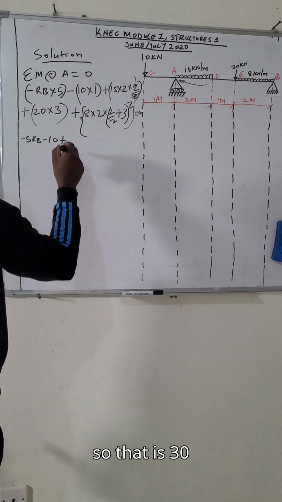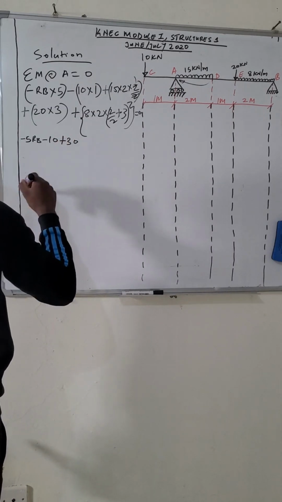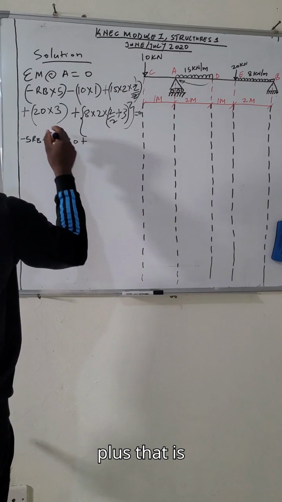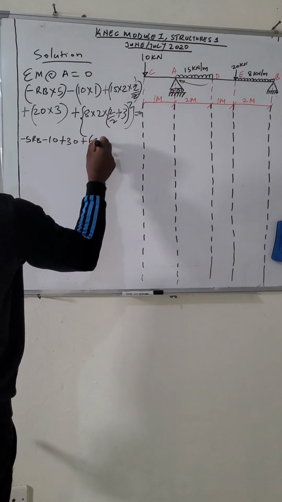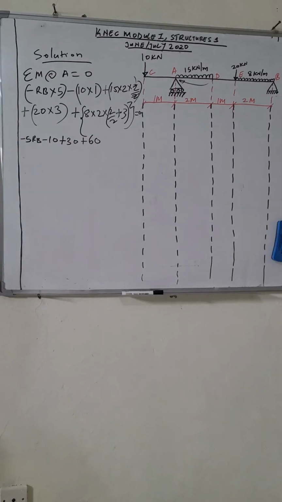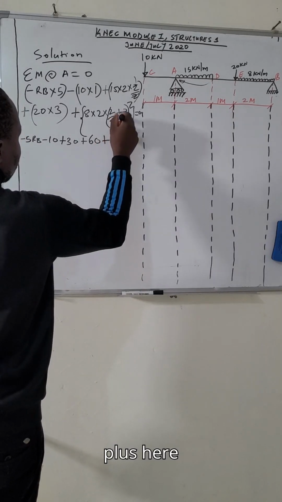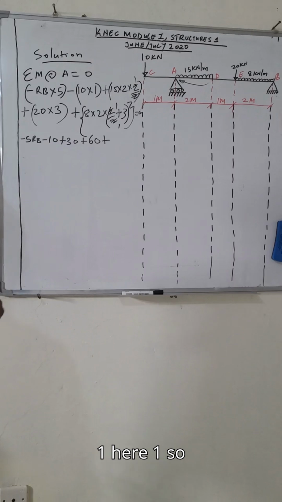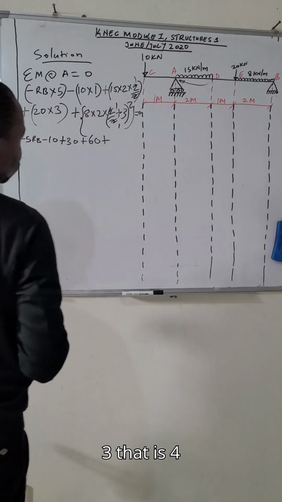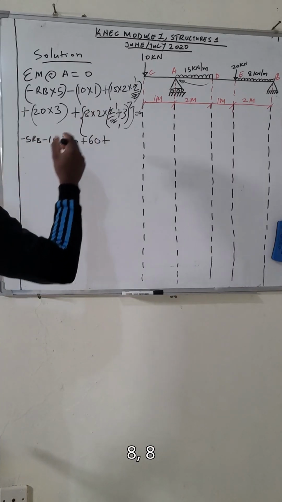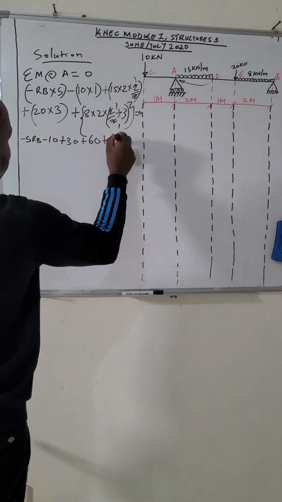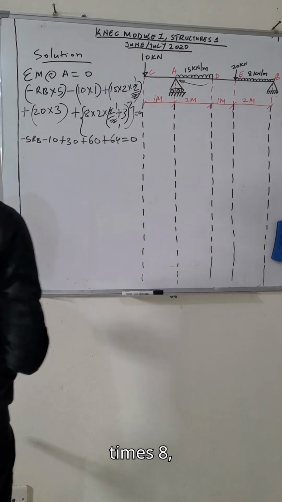So that is 30 plus that is 60 plus here 1, here 1. So that is 1 plus 3, that is 4. 4 times 2, 8. 8 times 8, 64. Should give you 0.